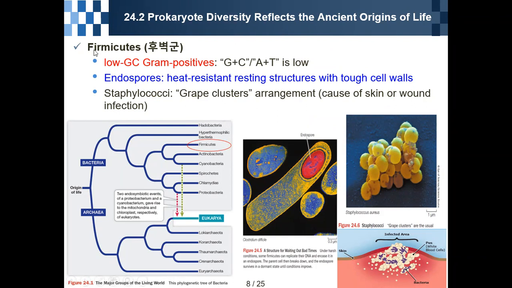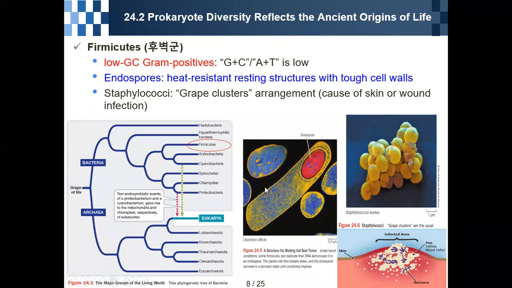Okay, let me start. Firmicutes. They are low GC gram-positive bacteria. They are gram-positive, but their GC value is very low compared to 80. This is recorded as Firmicutes. Some of them have endospores.